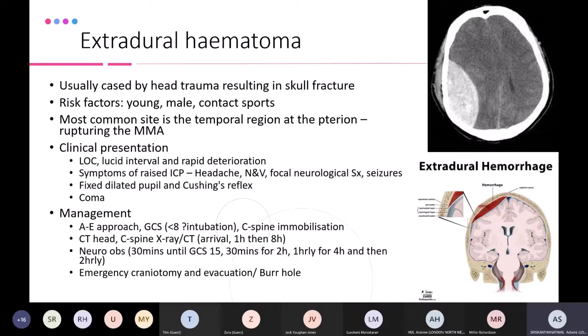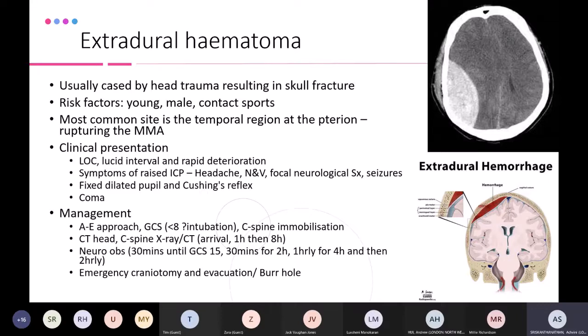So I've gone through the clinical presentation. Just one more thing to add to it is fixed dilated pupils and your Cushing's reflex as well. And they can also end up in a coma. So in terms of management, it's an ABCDE approach. Check their GCS. Low GCS, if they're unconscious, not responsive, then you'd intubate.